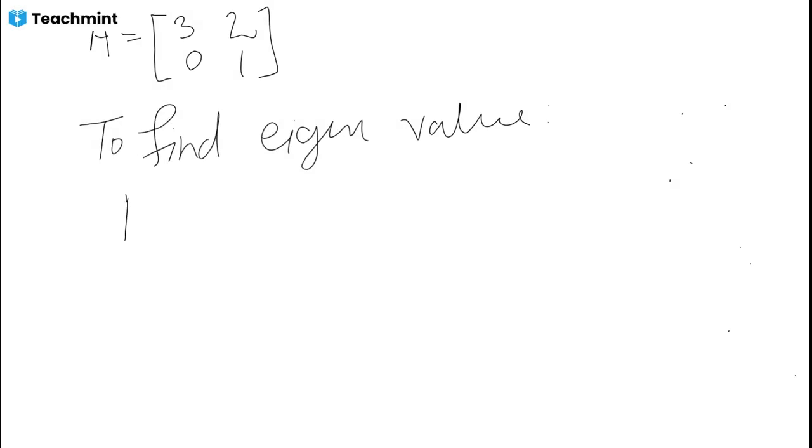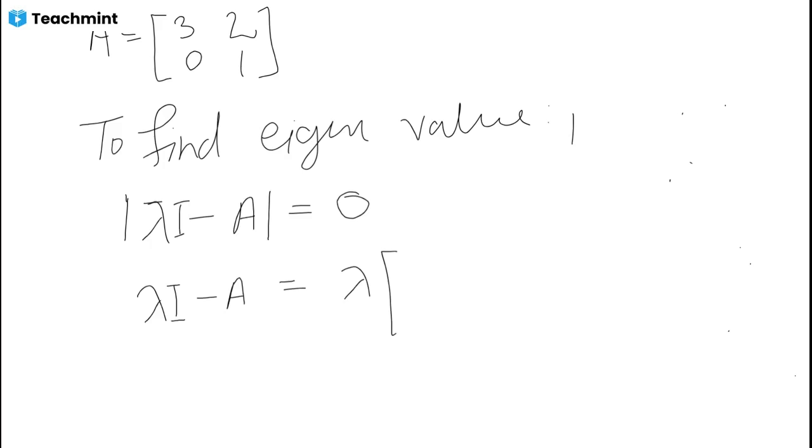By using the determinant of lambda into I minus A. You can take this as the characteristic equation. So we need to find this one first. After that, we'll find the determinant of that. So lambda into I minus A. Let us find it. So lambda, and take the identity matrix of the same order as A. And we have A as 3, 2, 0, 1.